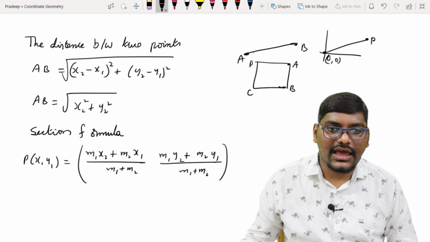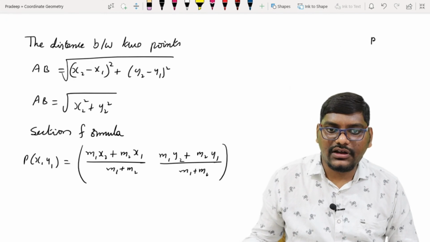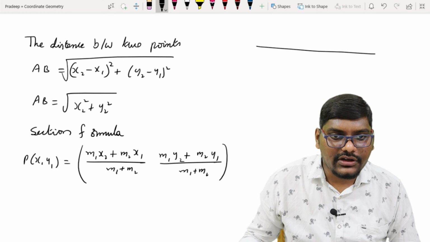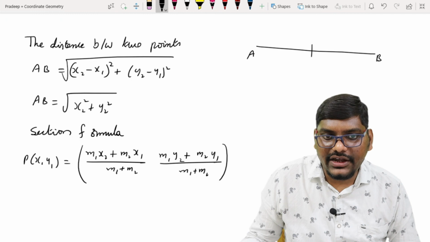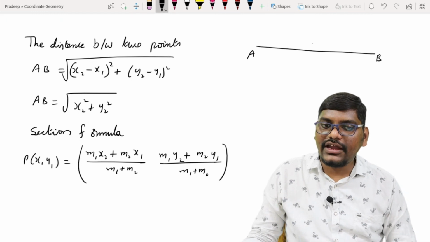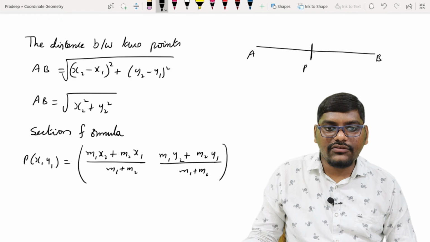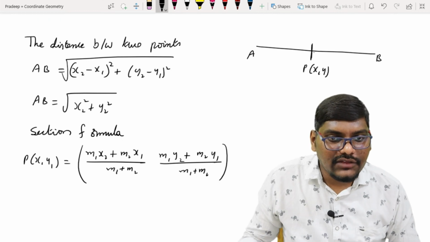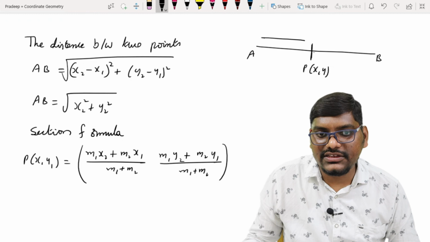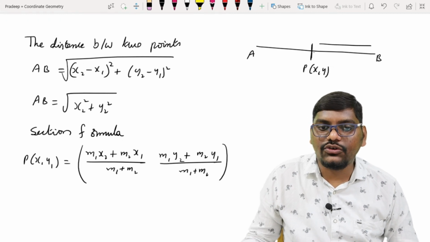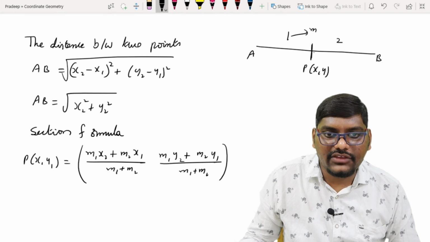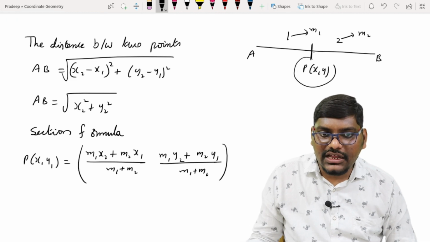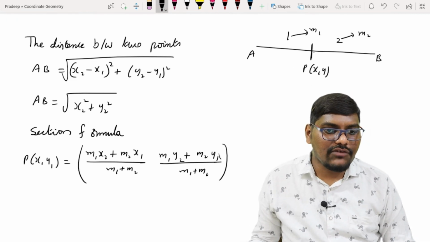Suppose there is a line. To this line the coordinates were given, this is point A and B. Suppose A and B is divided at a certain point P where the coordinates were not given, but if they gave the ratios, at what distances these were divided. Suppose the ratio is 1 and the ratio is 2, so these ratios we will take as m1 and m2, and we'll find out this particular point P. So that is the formula we'll use here.